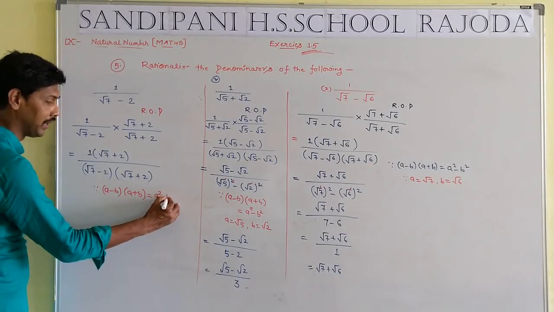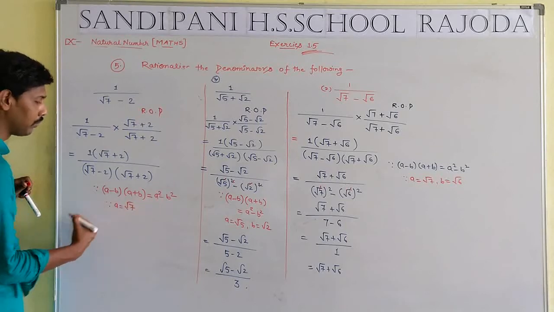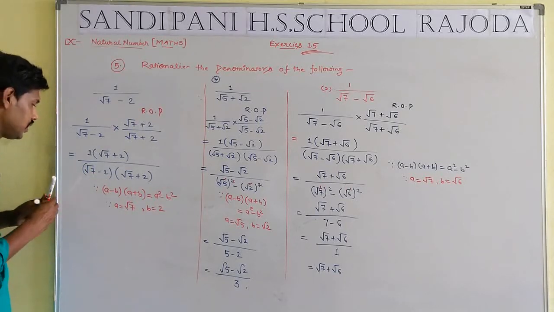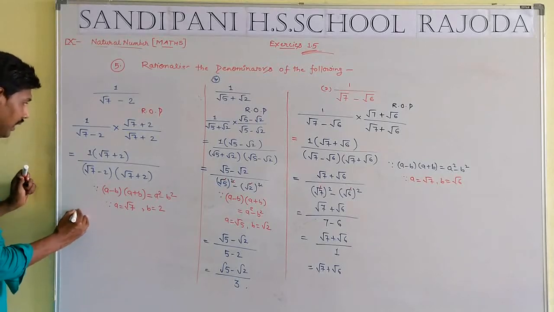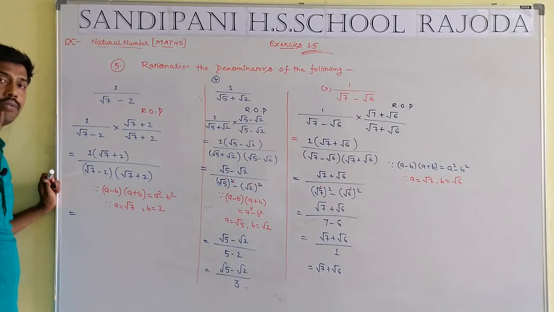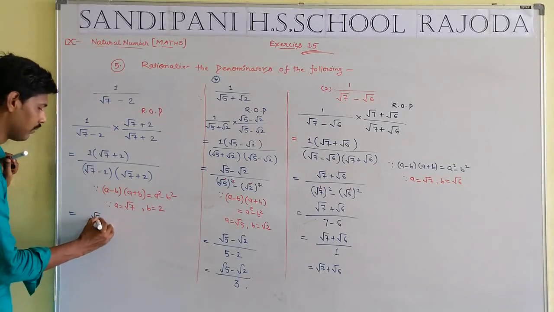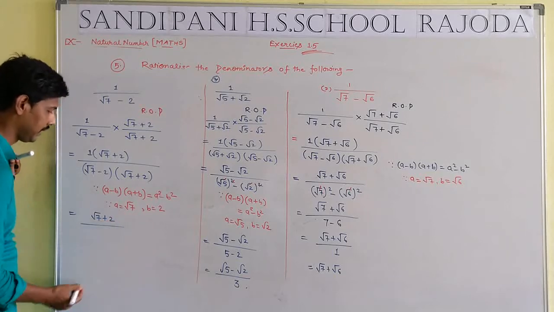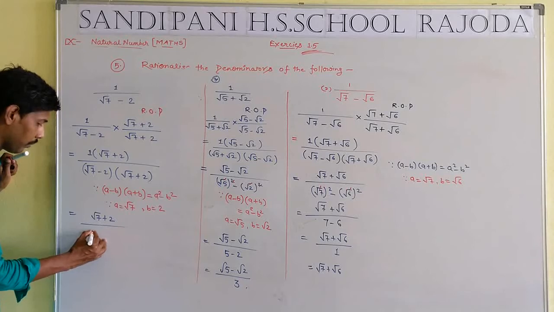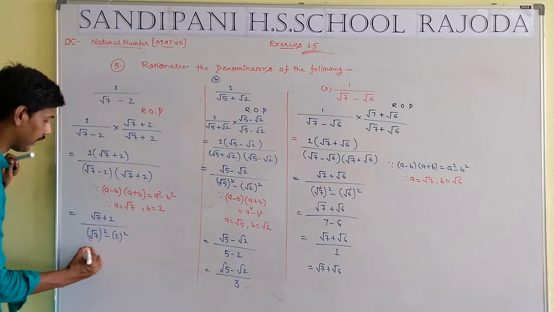A square minus b square, where a will be equivalent to root 7 and b will be equal to 2, such that what happened in the numerator? 1 multiplied by any quantity will be equal to that quantity. So root 7 plus 2. But a minus b, a plus b will be equal to a square minus b square.